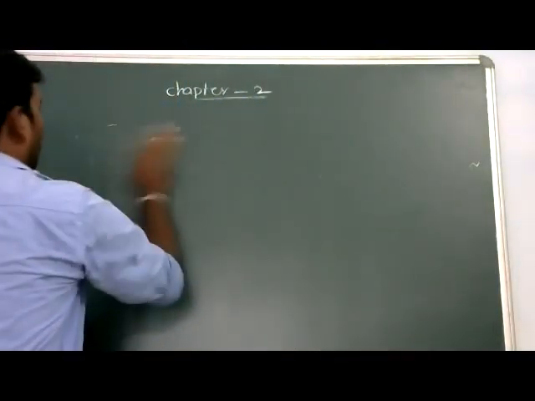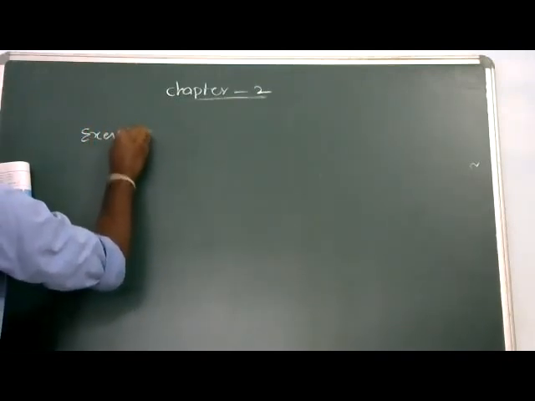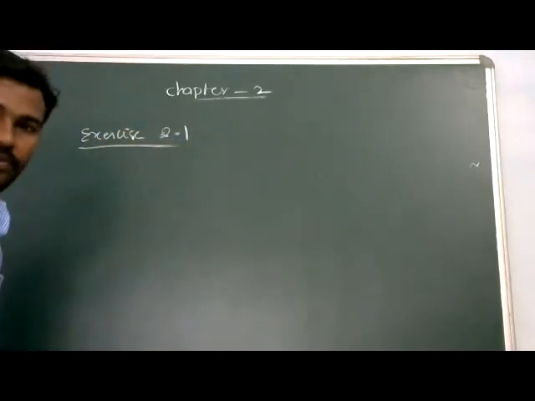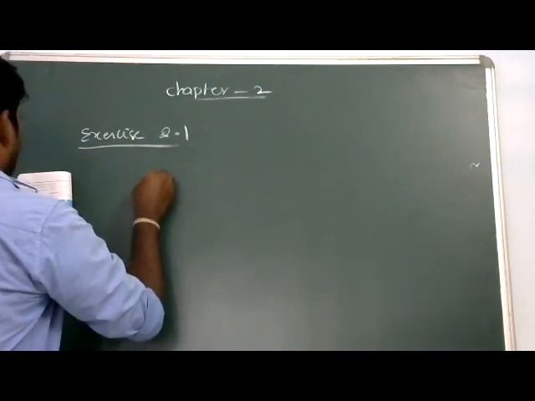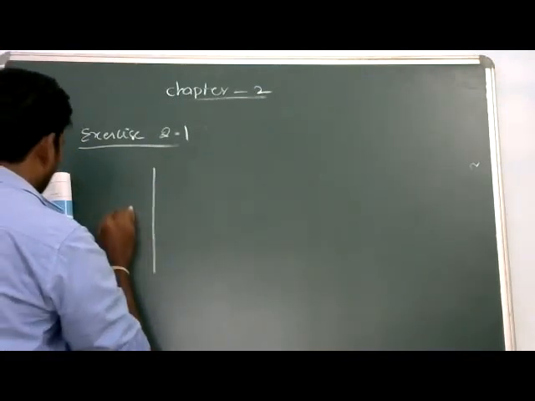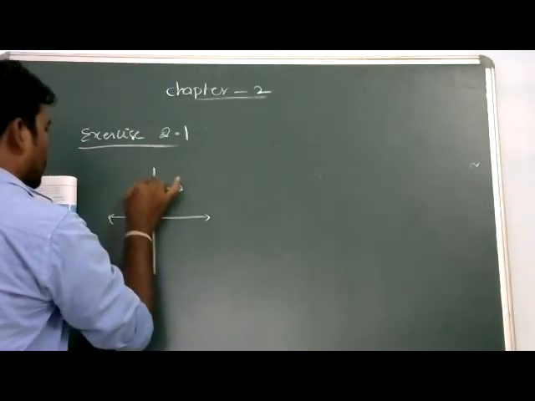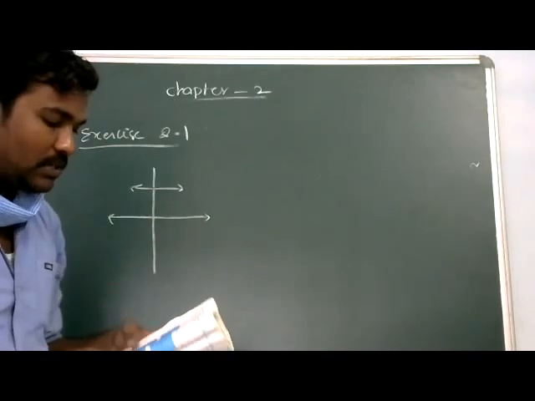So work out Exercise 2.1. The first graph is this, this is the x-axis and y-axis. So here, what is that question number?